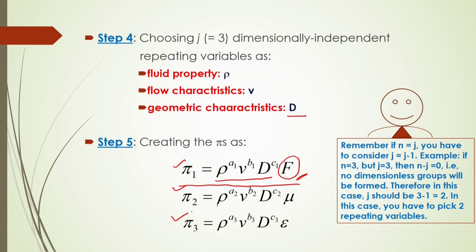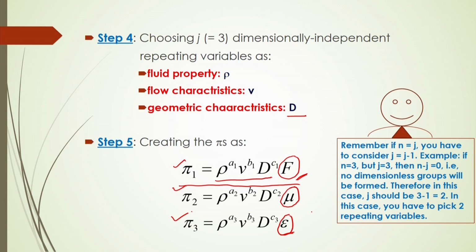Now, phi 2 will be rho to the power a 2, another power, v to the power b 2, d to the power c 2, and then the non repeating variable mu. And the third group, phi 3, will be rho to the power a 3, v to the power b 3 and d to the power c 3, and here epsilon, the pipe surface roughness, is the third and last non repeating variable.